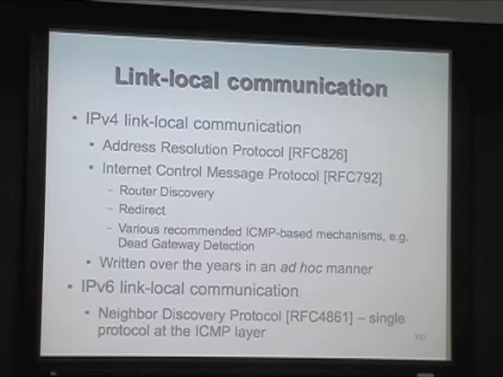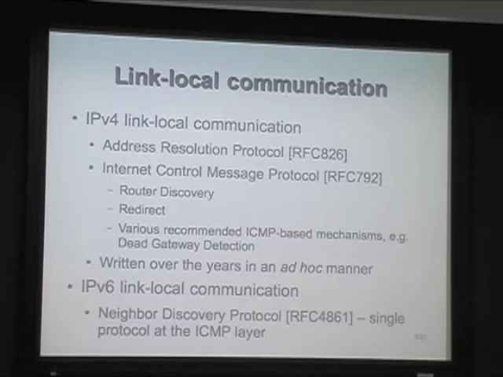So on IPv4, link local communication is basically supported through address resolution protocol and a bunch of ICMP-based mechanisms. Two that are essential for the link local communication and most widely used are router discovery and redirect, where router discovery messages deal with the configuration of hosts with IP addresses of their neighboring routers, and redirect messages enable routers to inform hosts about the best alternate route to their destination.